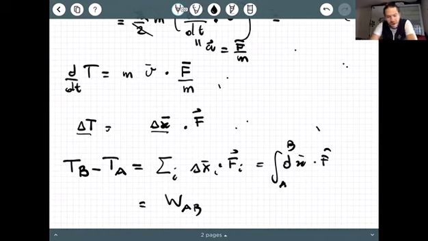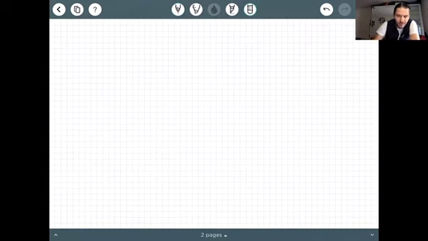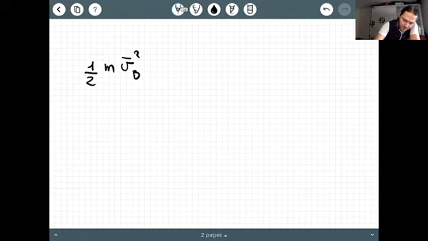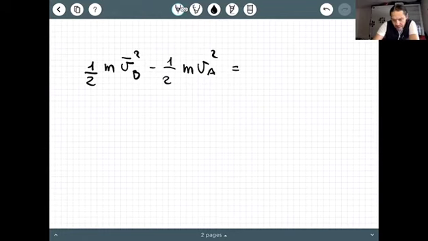So what we discovered is the very familiar idea that the difference in kinetic energy between any two points is given by the work performed by the forces acting on the particle to go from A to B.